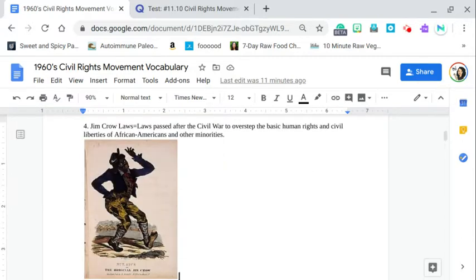Then you have Jim Crow laws. So who is Jim Crow? Basically, after the civil rights movement, many African Americans were celebrating that they earned the right to vote.